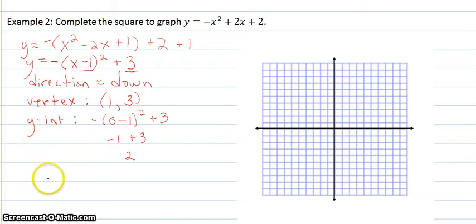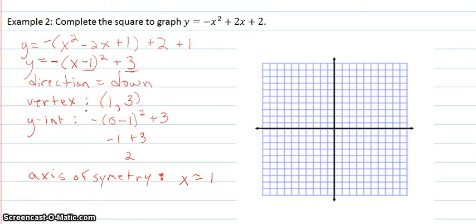And then I'll go on to find my axis of symmetry, which is going to be x equals 1. So I just used the x value of the vertex.